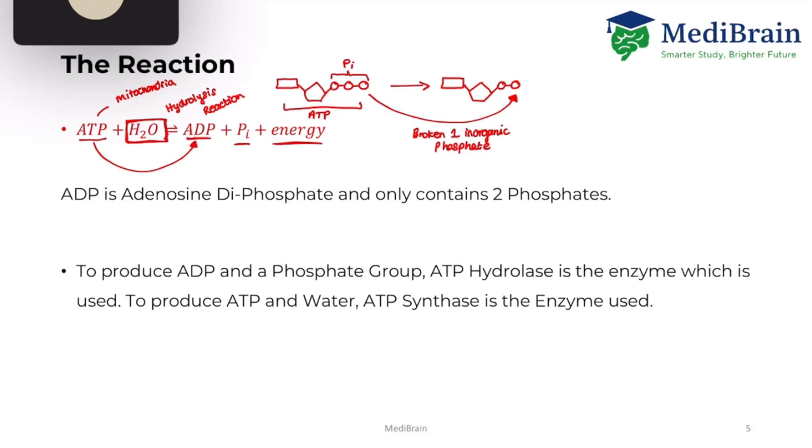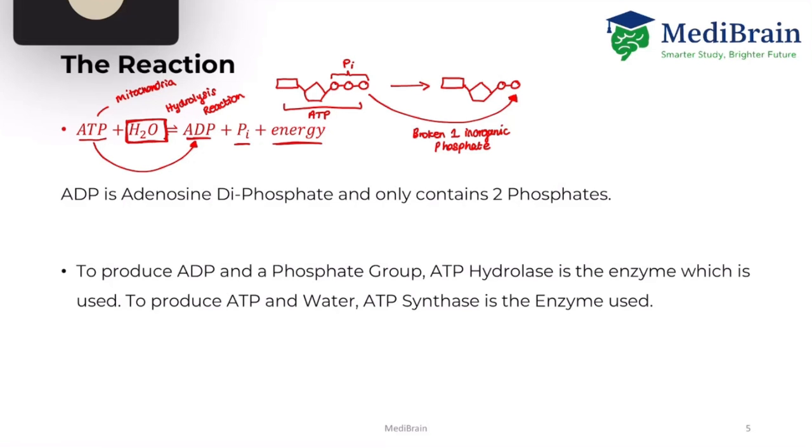And this will explain it a bit more. ADP is adenosine diphosphate and only contains two phosphates. To produce ADP and a phosphate group, ATP hydrolase is the enzyme which is used. To produce ATP and water, ATP synthase is the enzyme which is used.